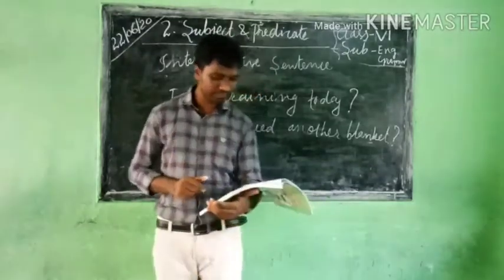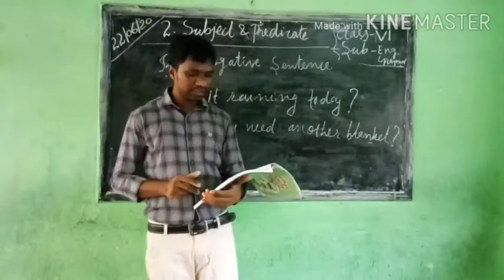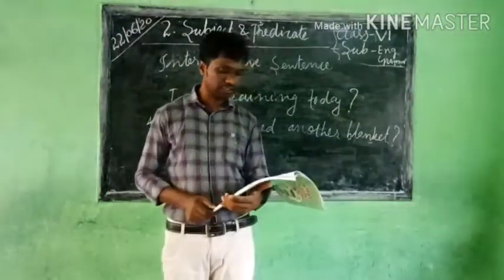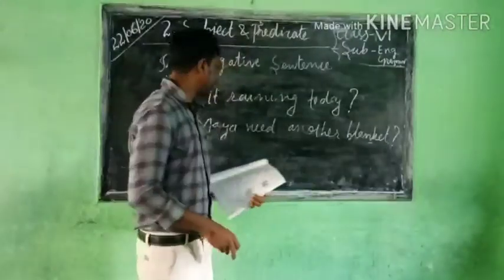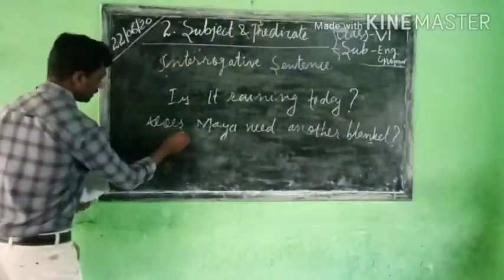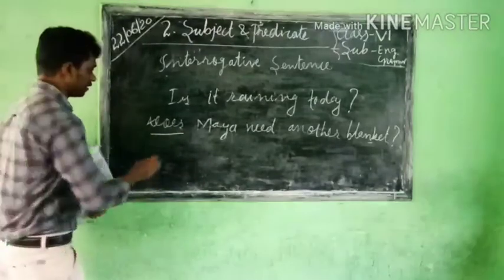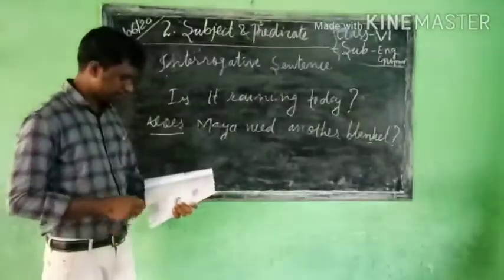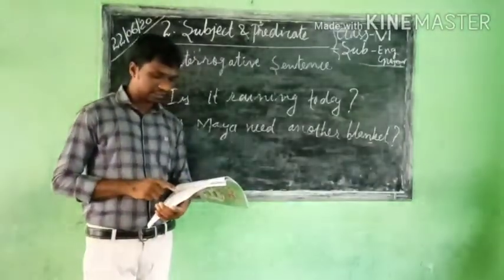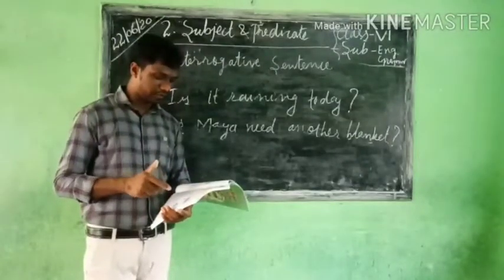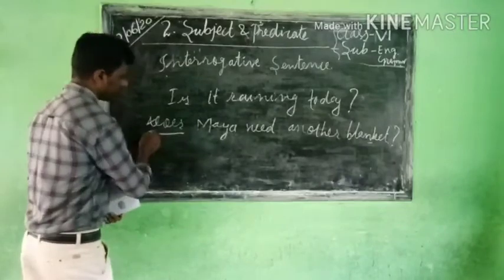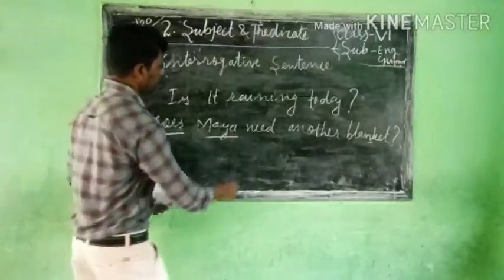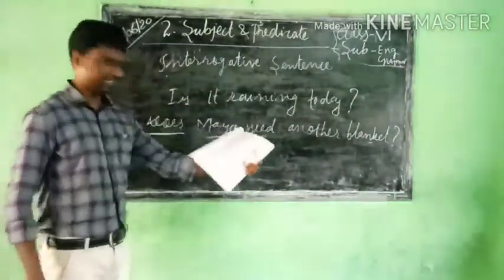The rule is that the subject follows the auxiliary verb. See here, this is an auxiliary verb, and Maya is the subject.